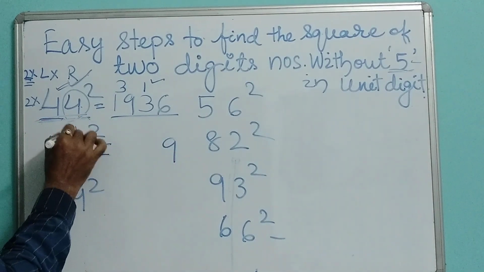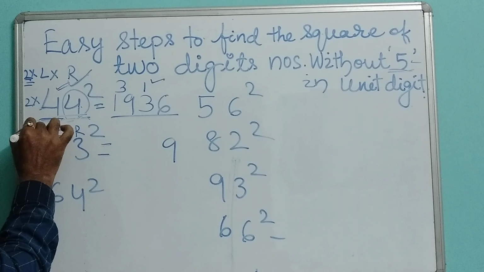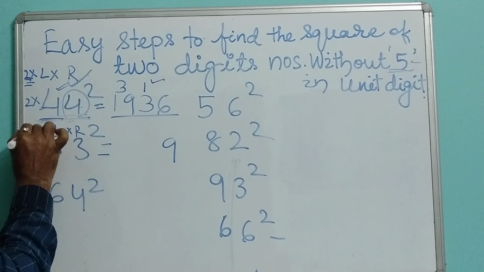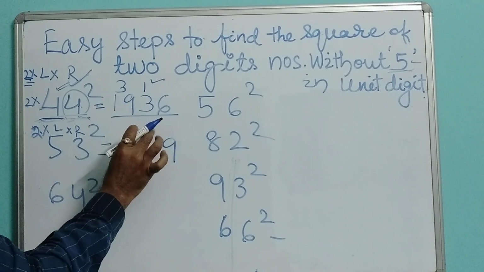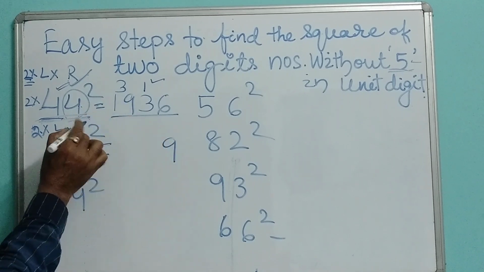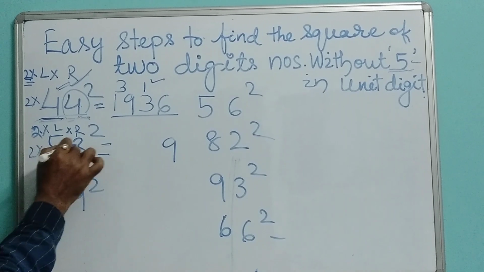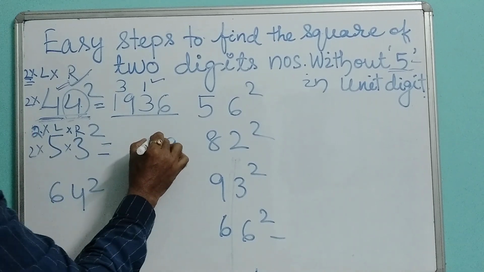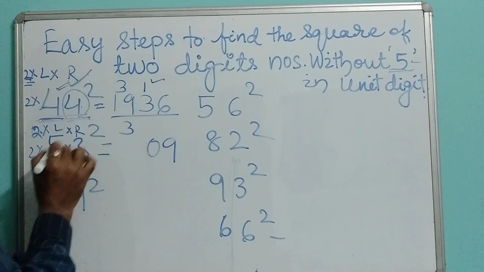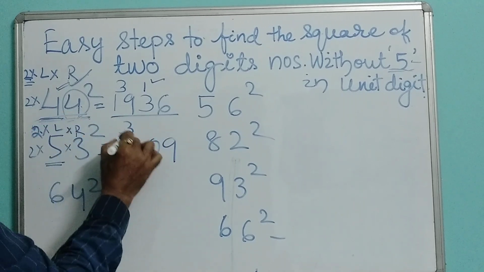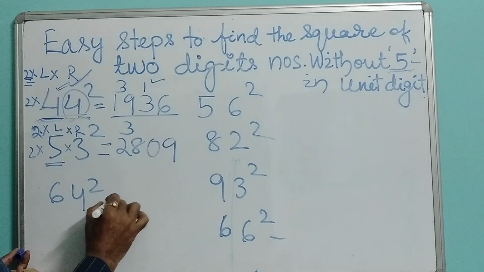Then right into left into 2 plus carried. Here nothing is carried, so 3 into 5 into 2: 3 fives are 15, 2 times is 30, write 0 and carry 3. Now the left side square: 5 square 25 plus 3 is 28. So 2809.